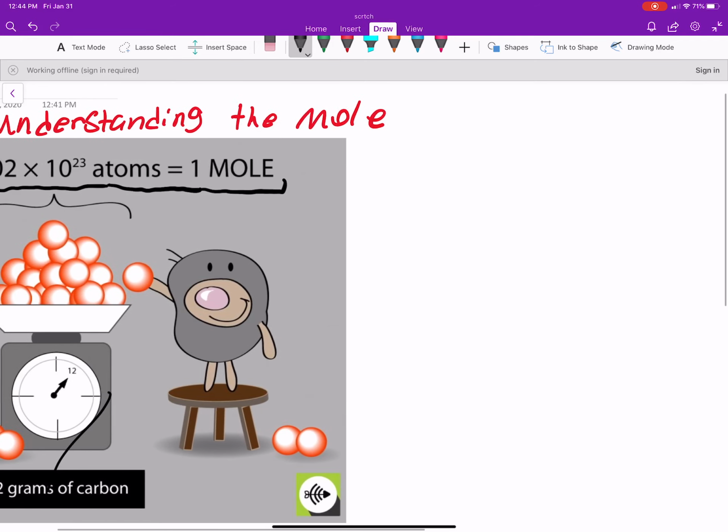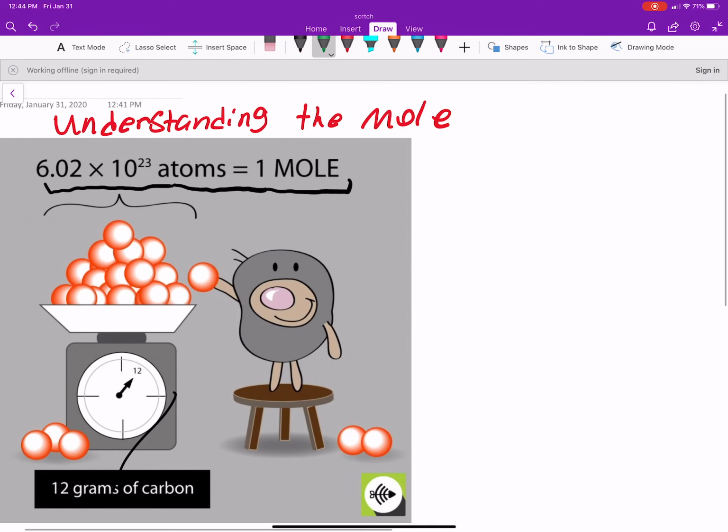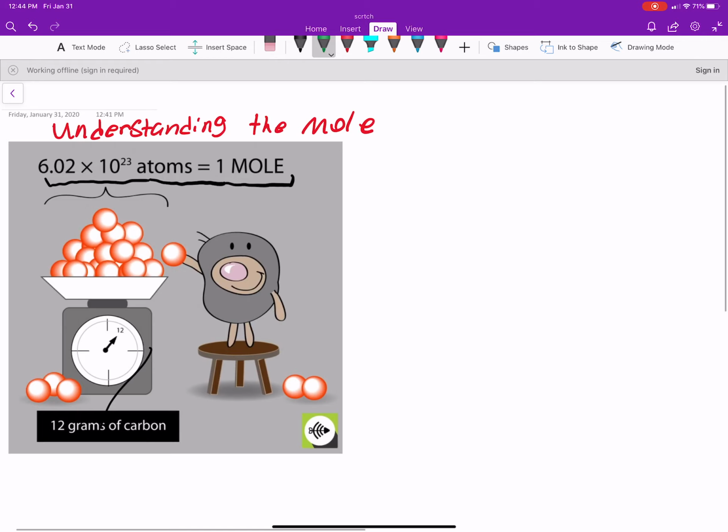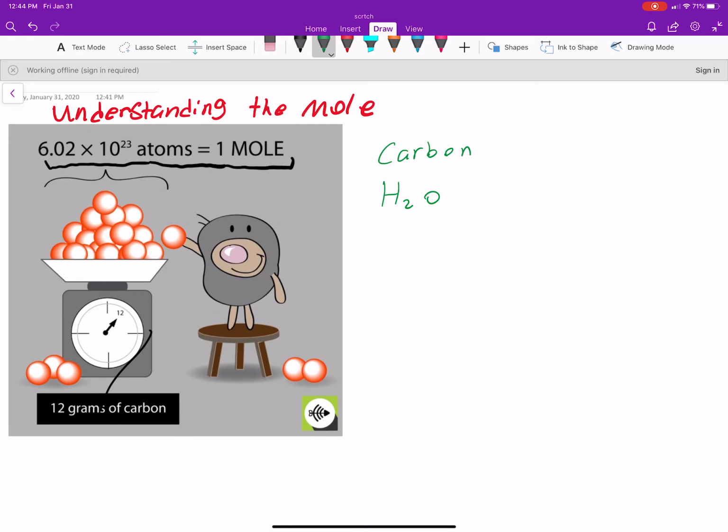Let's say you had 6.02 times 10 to the 23rd, or a mole of carbon, of water. We'll just use some symbols. Oxygen, sodium, whatever you want to have. Let's remember that a mole is just an amount of something.